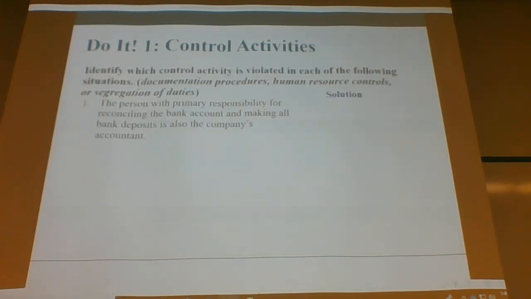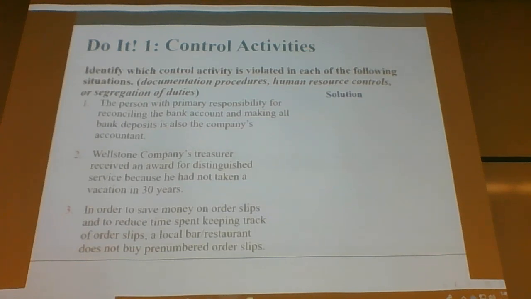All right, so we've got some examples here to finish up. Learning objective 1, it says identify which control activity is violated in each of the following situations. And it looks like our choices are documentation procedures, human resource controls, and segregation of duties. Number 1, the person with primary responsibility for reconciling the bank account and making all bank deposits is also the company's accountant.